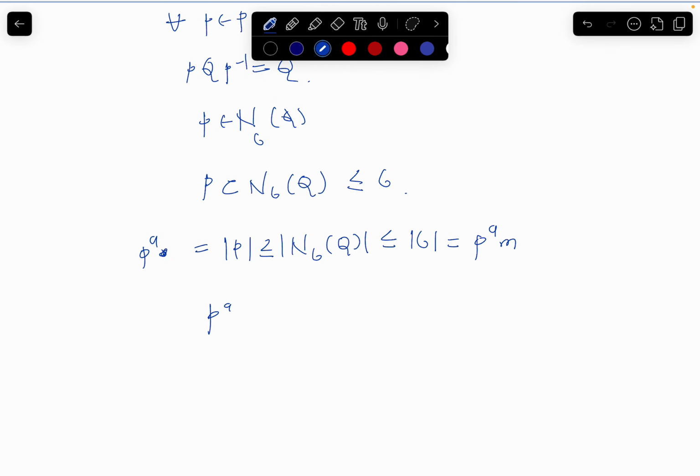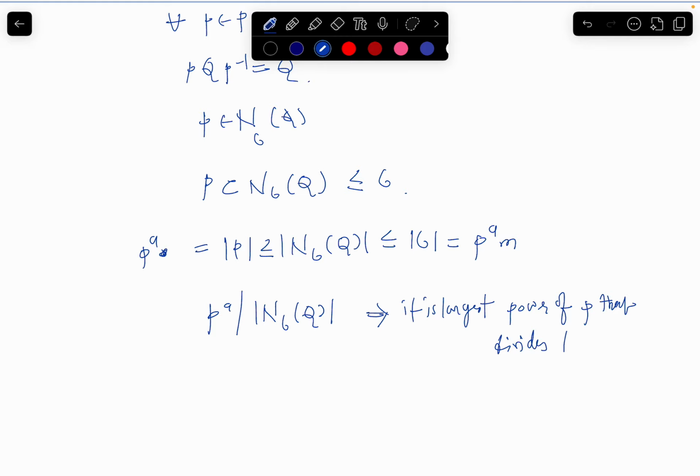So p power a divides the order of N_G(Q), and in fact it is the largest power of p that divides the order of N_G(Q).